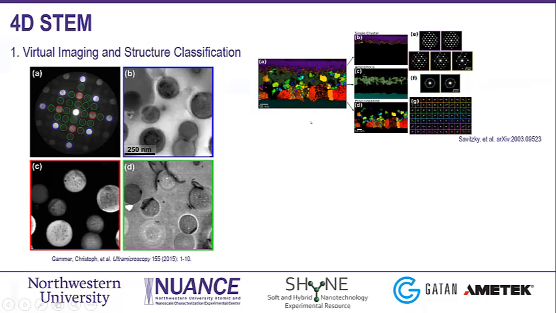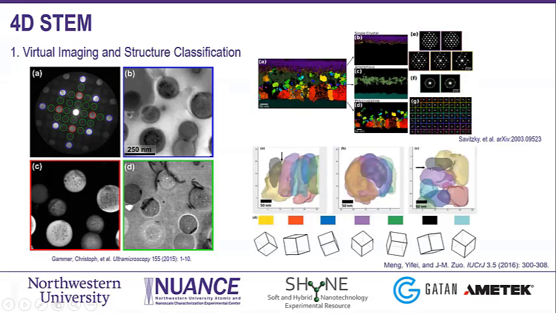And as you can imagine, some of you are already thinking about throwing some advanced algorithms here, such as artificial intelligence or machine learning algorithms, to speed up the classification of such large data sets.